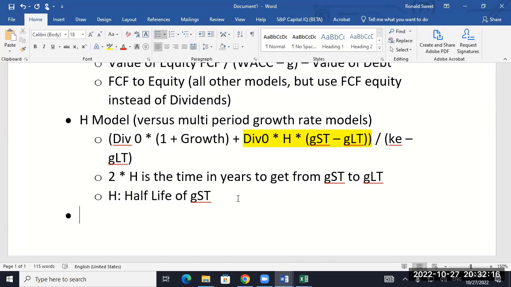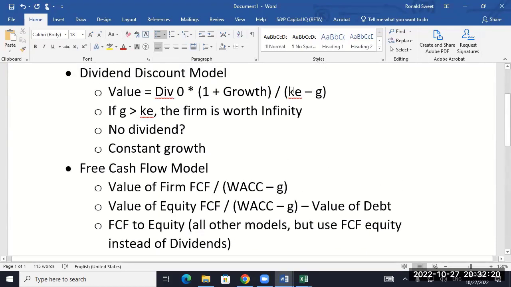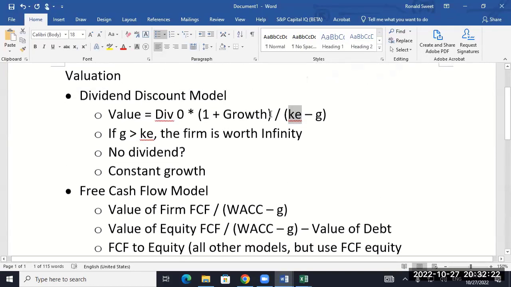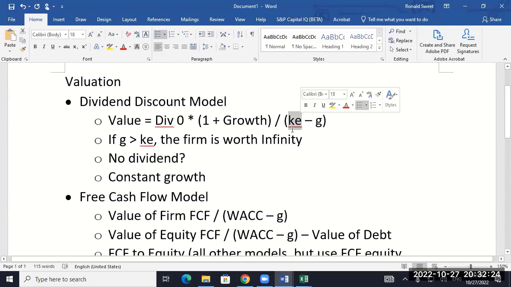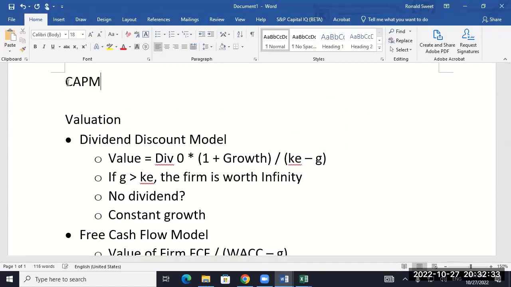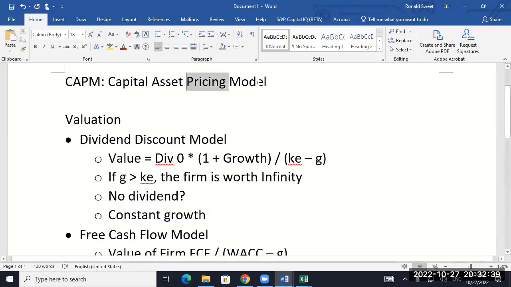Is CAPM another one? Well, CAPM is your discount rate, right? Ke is your discount rate. So CAPM's in there. And that's the problem with it. I mean, Anthony, you're exactly right. What does CAPM stand for? Capital Asset Pricing Model. It says it's a pricing model. How many prices does CAPM give you? Doesn't give you a price, does it?